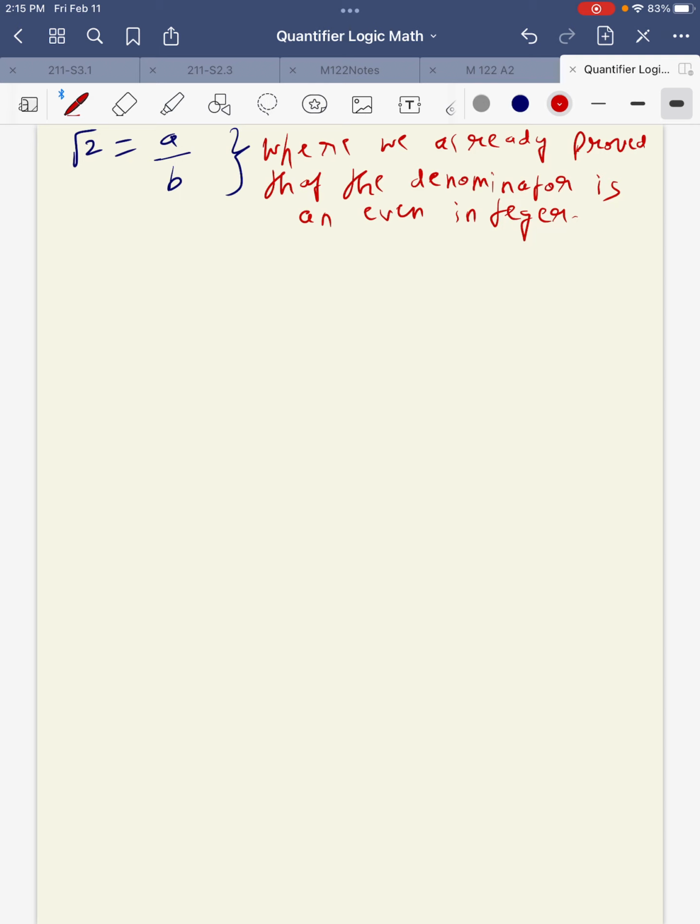It can be even or odd. If it's odd, then it doesn't reach a contradiction, so therefore it is a rational number. If we prove that the numerator a is even, then a and b are both even and they have a common factor, which is 2, so therefore it is an irrational number because we reached a contradiction. So let's see.